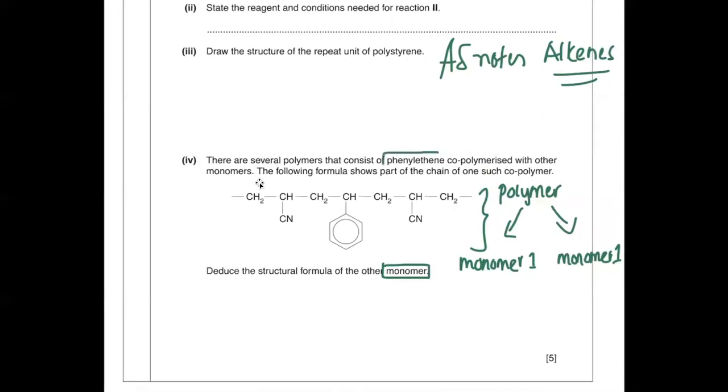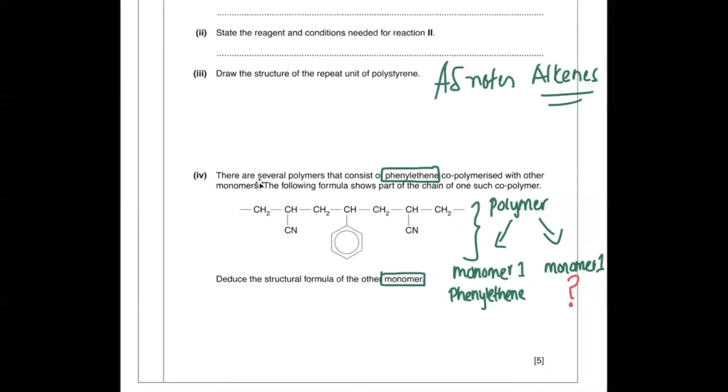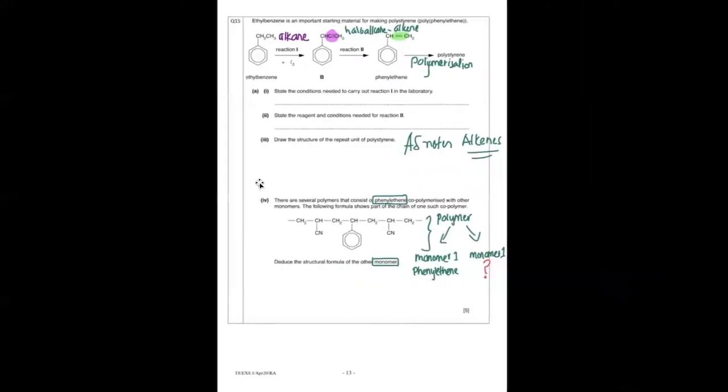Okay, so the first monomer is phenylethene. So you have to find the other one based on the structure of the polymer. You have to find what is the other monomer. Okay, monomer usually has a double bond as the starting point, right? So that is all for the hints.